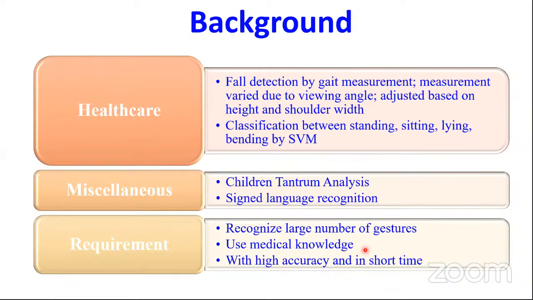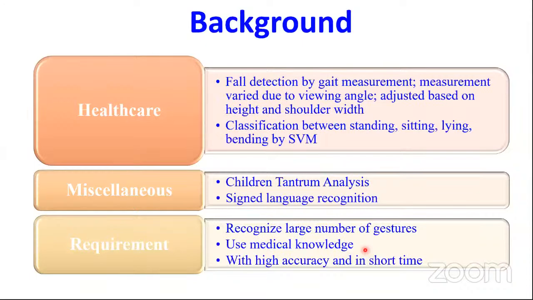And for any type of classification or clustering, we need to have a high accuracy and in a short time. This accuracy is very vital for the healthcare domain particularly. Why? In healthcare, it's very vital to recognize particular disorders correctly. Suppose one person has disorder 1 and you identify it as disorder 2, then there is an extreme wrong diagnosis.